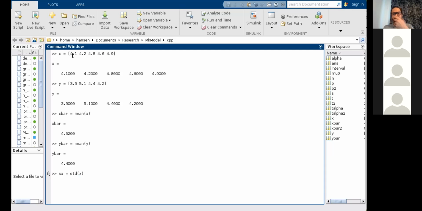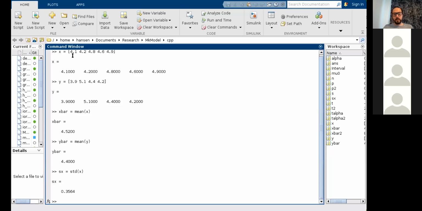It's the sample deviation from x. Alternatively, we could calculate the variance of x and then take the square root of that, but it should be the same, right? The square root of the variance or the standard deviation, it doesn't really matter. So I'm going to use the s of x, and the same s of y is std of y.